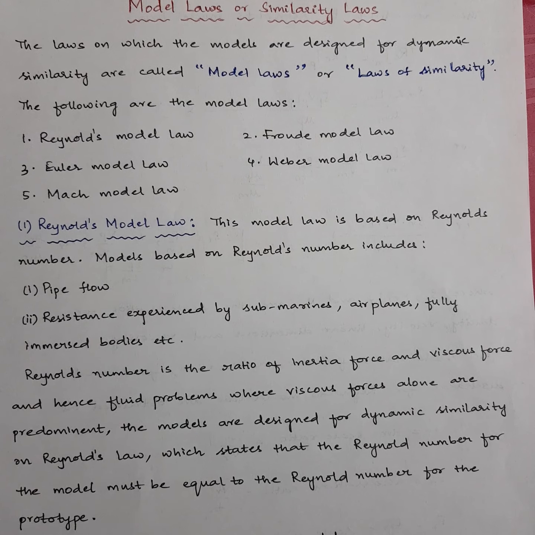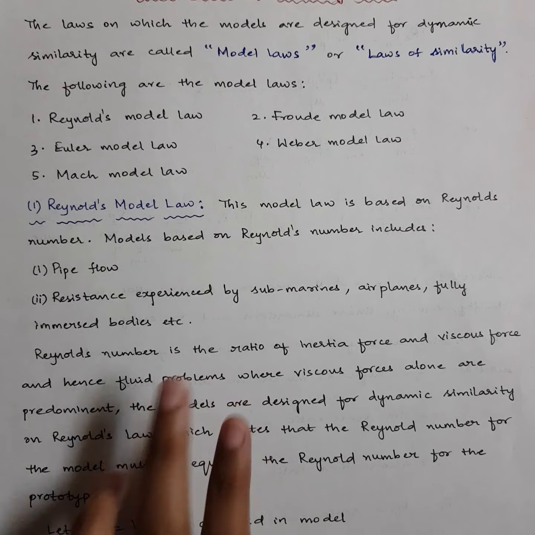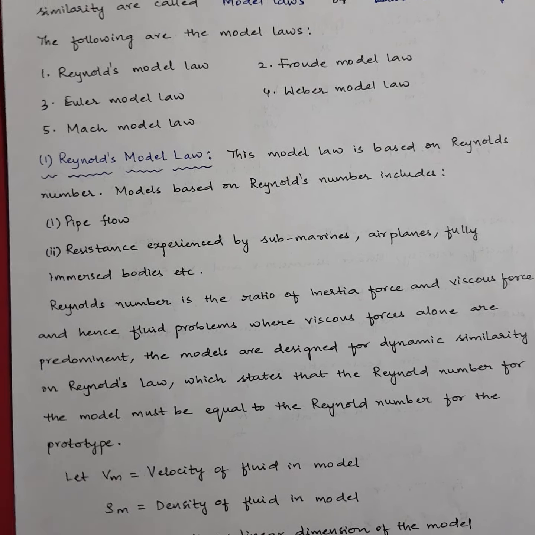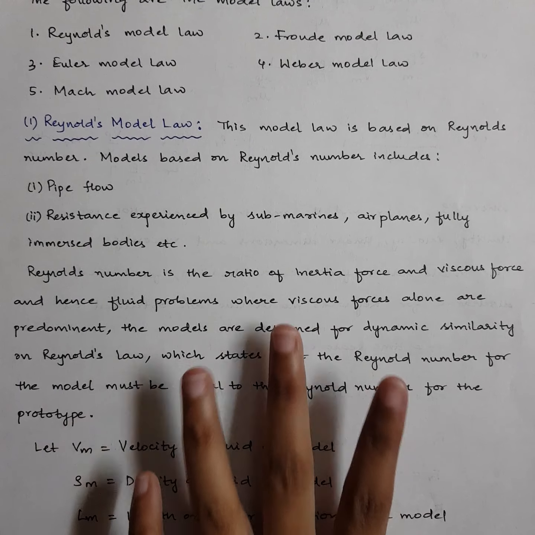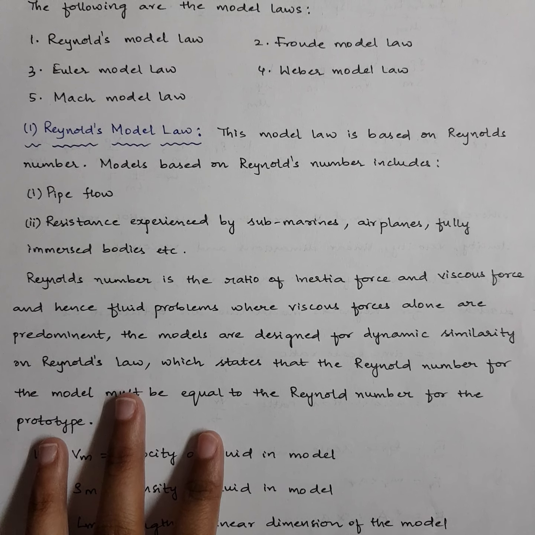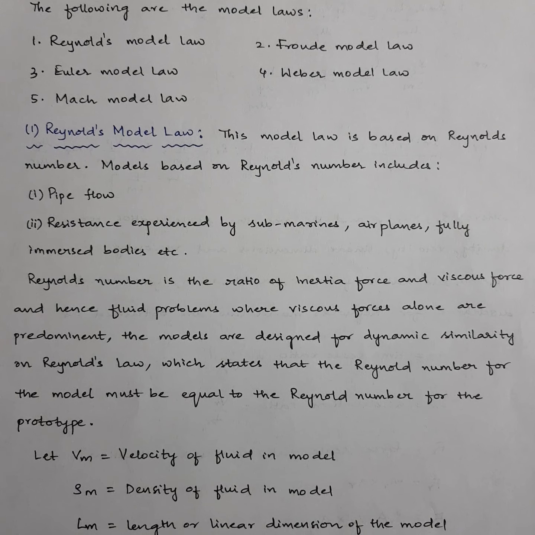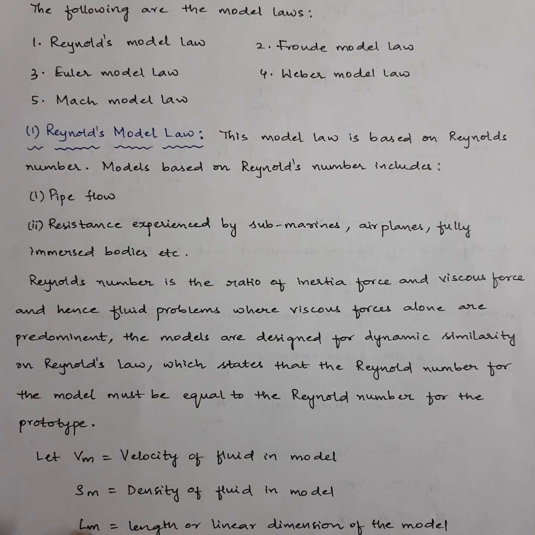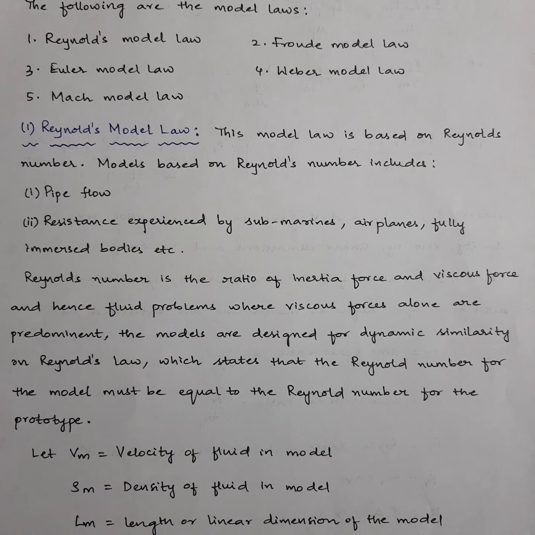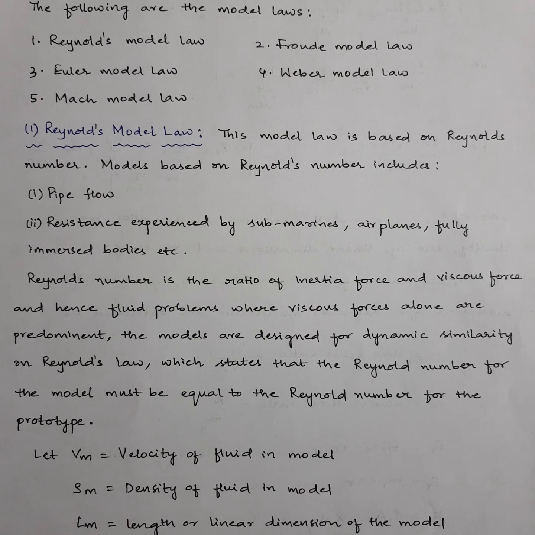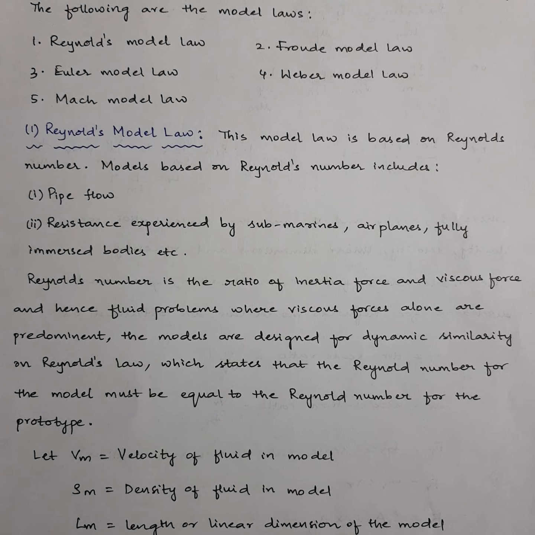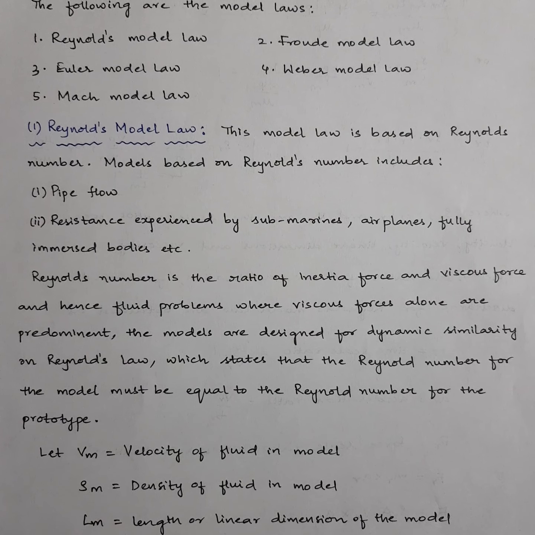As discussed earlier, Reynolds number is the ratio of inertia force to viscous force, and where viscous forces are predominant, we design models for Reynolds law. So remember blindly, wherever you get the term viscous force or viscosity in problems on model and prototype, you should get into your mind by default that it's Reynolds Model Law.